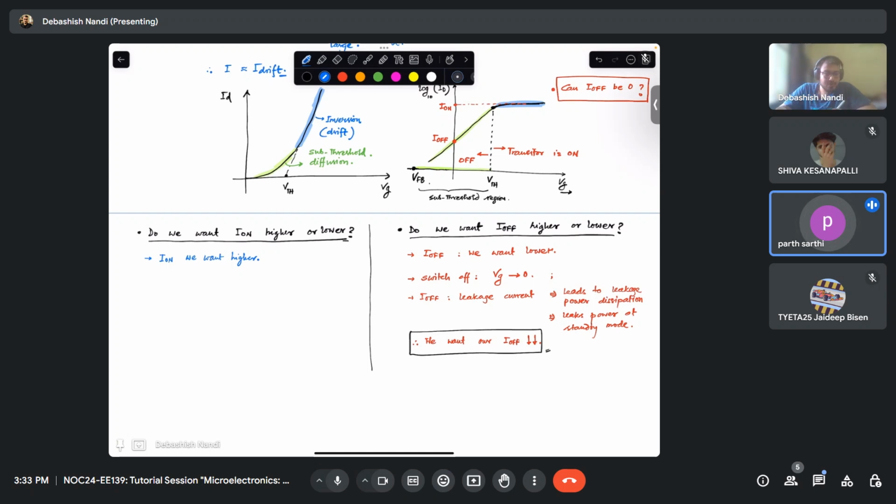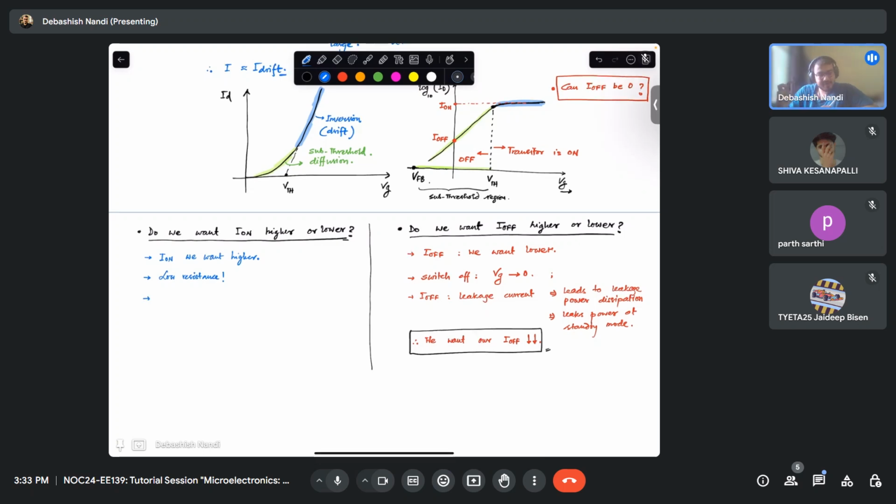Resistance. Higher Ion means more number of charge carriers, which can lead to low resistance of my device. Okay, one case is low resistance; we'll come back to that. But the main purpose is that the speed of the device is proportional to your Ion.